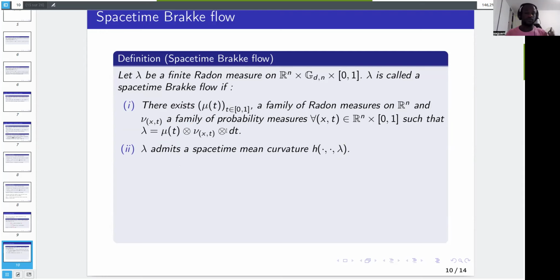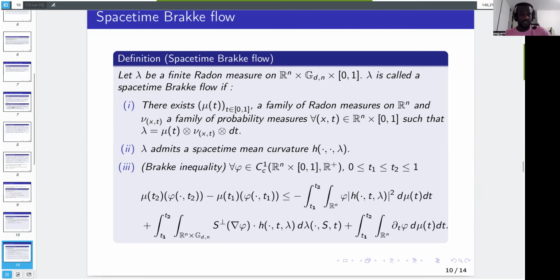This is more or less what we say, but it's not really that important. What is important is that it admits a space-time mean curvature. So we start with something, we define the formal solution of the Cauchy problem, and we tend to the limit. The limit has a nice property, which is that it admits a space-time mean curvature, and it satisfies the Brakke flow inequality.